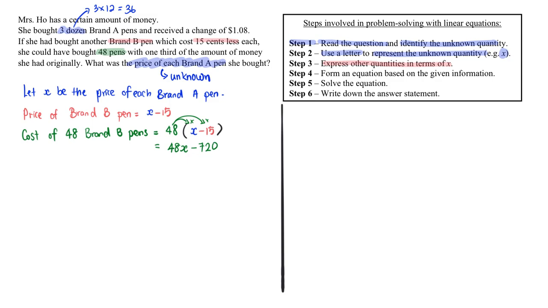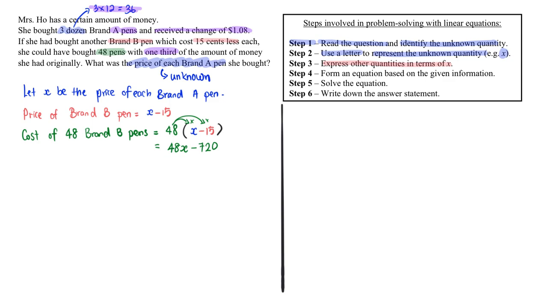And I'm going to, at this point, go back to the 3 dozen brand A pens, and they receive $1.08 left with that amount of money. Okay, and after which 1/3 of the money. So you can see that this one I would have something like this, where we are now going to find the amount of money.